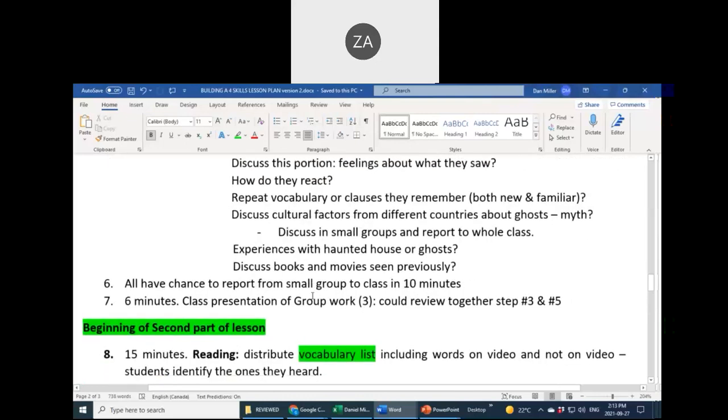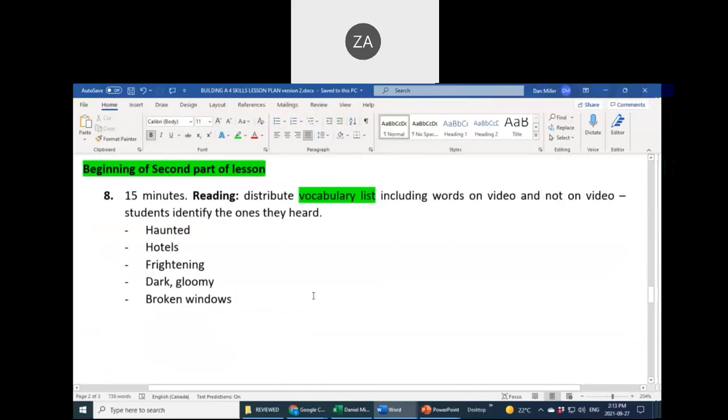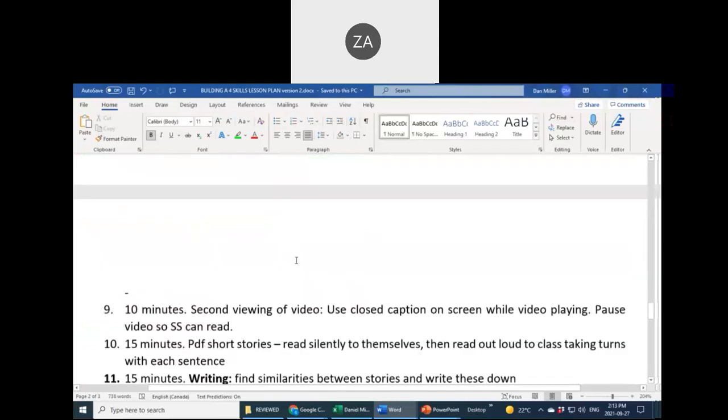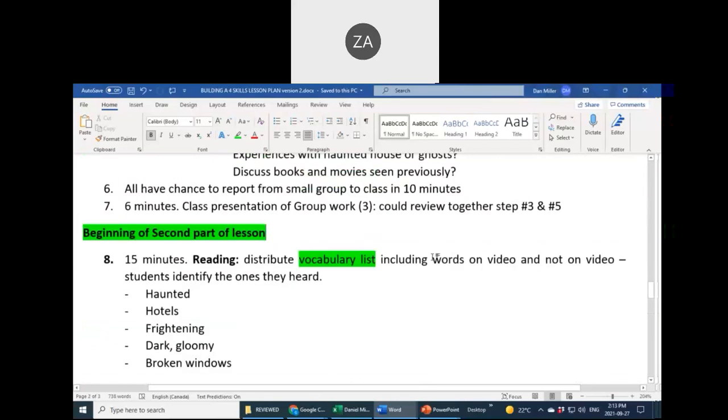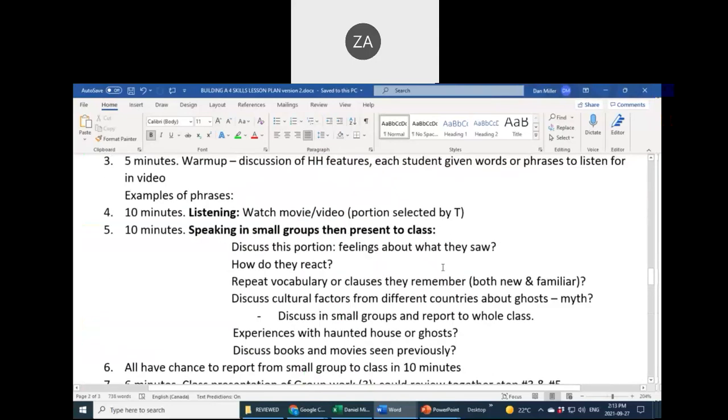I mean, by adding reading and writing, you turn it into a 4 skills lesson plan. But aside from the reading and writing sections, the listening and speaking parts are quite similar between conversation activities and 4 skills lesson plans.